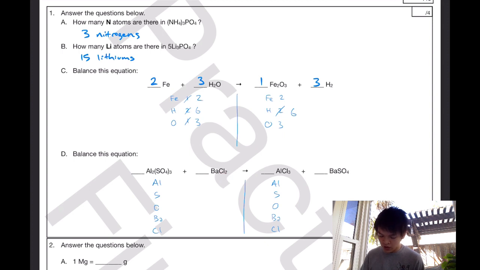So we're going to go ahead and write those numbers. On the right hand side, what we have is 1 aluminum, 3 chlorides, 1 barium, 1 sulfur, and 4 oxygens. And we're going to go ahead and write those numbers.